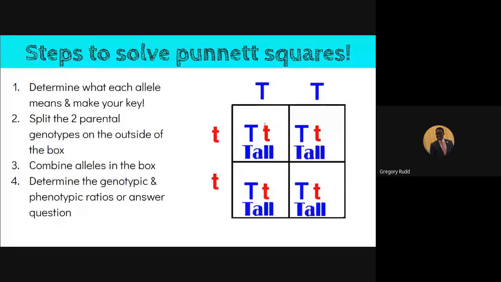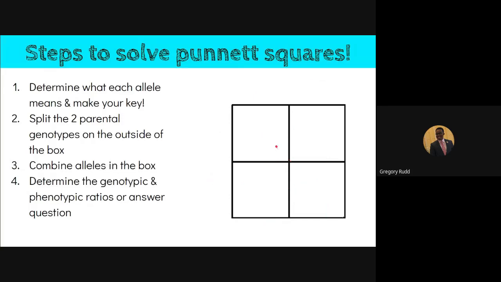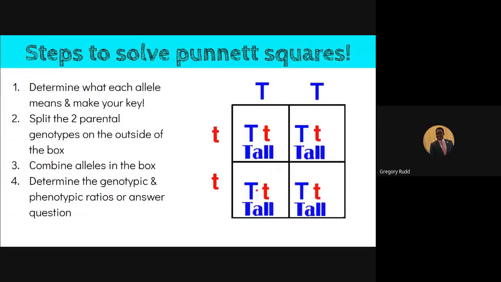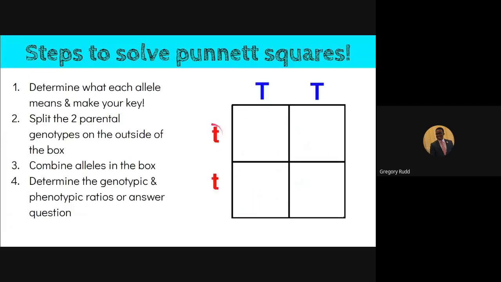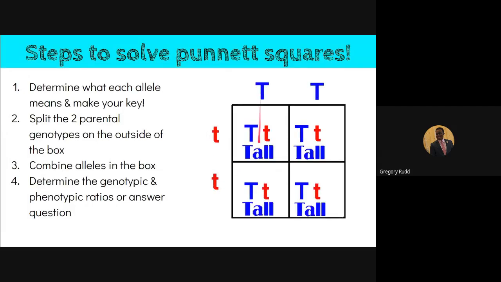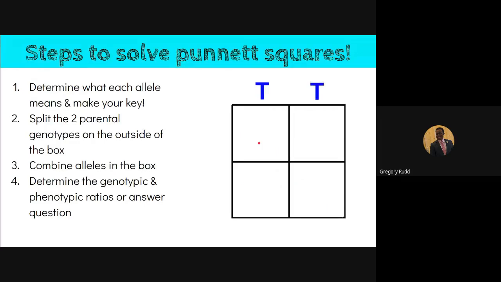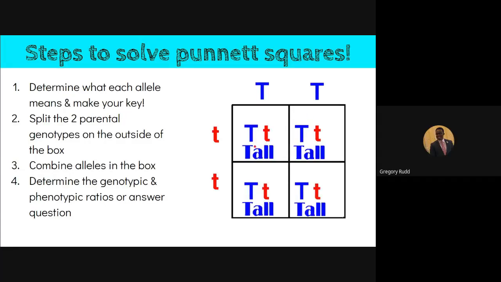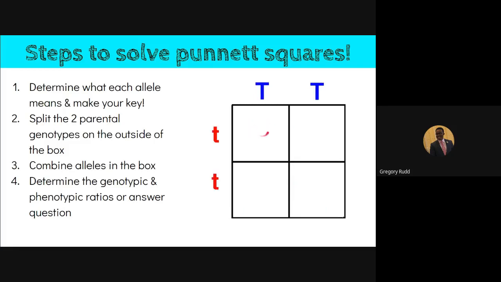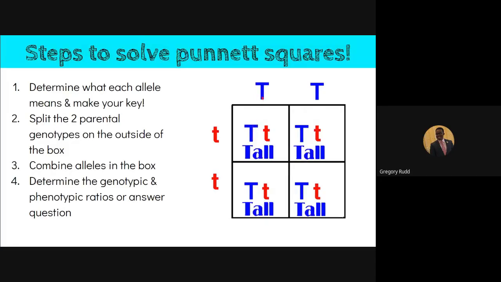Do you see that? Yeah, I see it. But none of them end up with the trait of a lowercase red t, which I assume would be small. That's because the capital blue T is also present, and the capital blue T is going to dominate the lowercase red t. So even though I've got one of each, I'm only going to end up with the dominant trait.